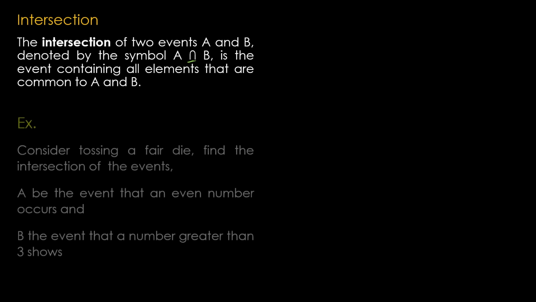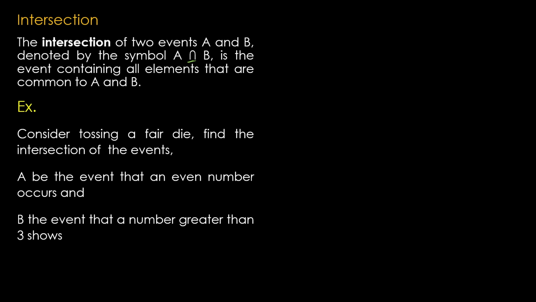So, for example, considering tossing a fair die, find the intersection of the events wherein event A is the event that an even number occurs. What is the sample space for this one? You are to toss a die. What are the possible outcomes? It's either a 1, 2, 3, 4, 5, and 6.